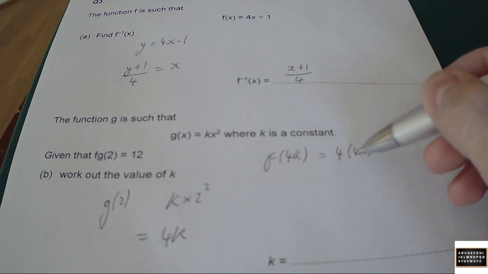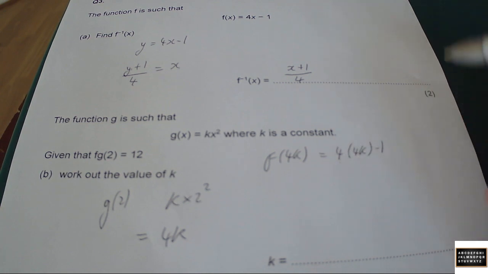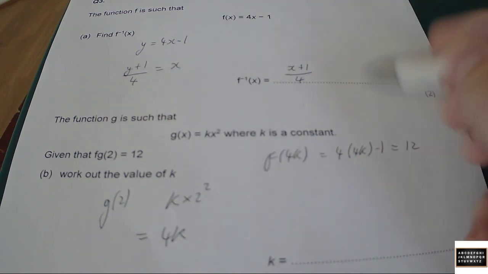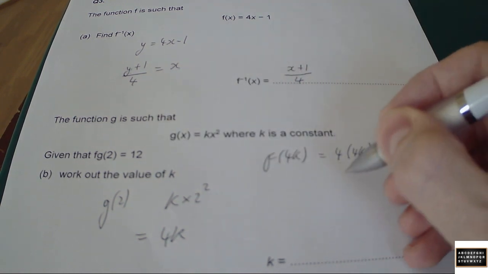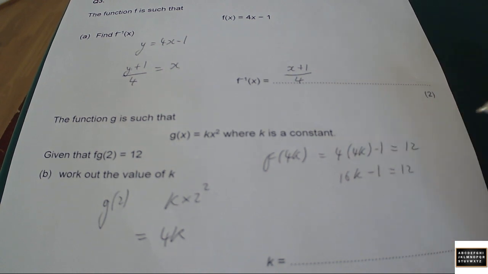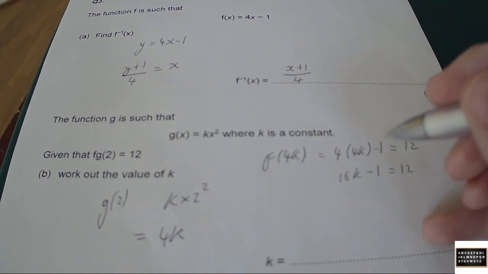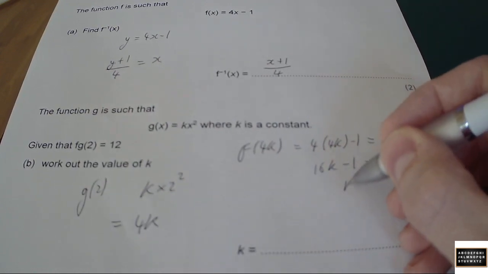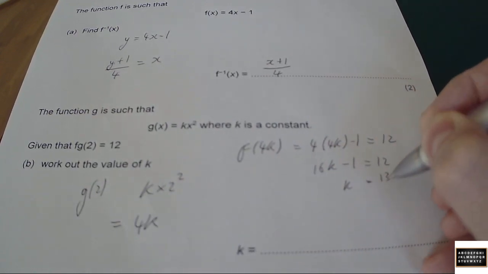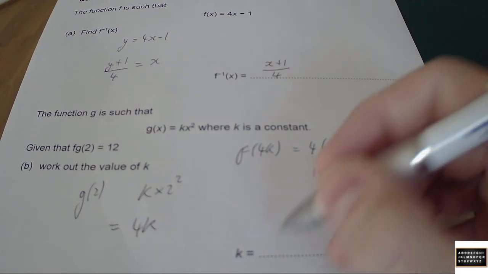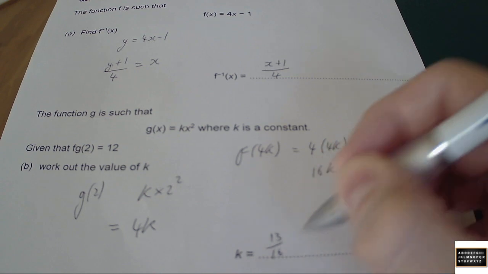We're being told in the question that that's 12 from over here. So that makes 16k minus 1 equals 12. And then we just have to solve for k to find the answer. So 12 plus 1 is 13. And then we're going to divide by 16 here. So 13 divided by 16 will be the answer for this.